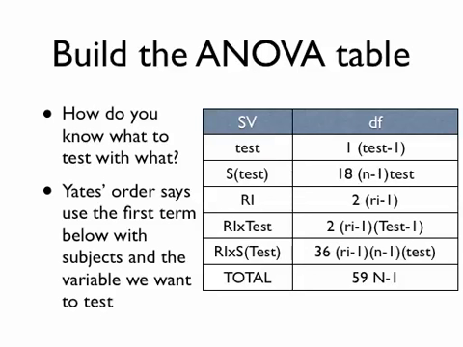What do we test with what? If we're doing the analysis of variance, to find out if there's an effect of test, we're going to divide its mean squared by mean squared for subjects within test. For both retention interval and retention interval by test, their error term is retention interval by subjects within test. This always works.